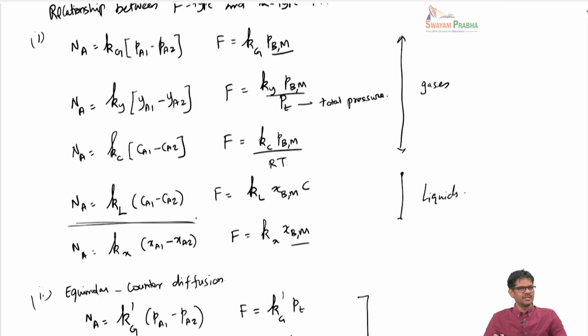That means the expression for KL I have written is based on a mass transfer theory in which the flux was calculated with molar concentration as the driving force. That's why we are using KL. Any correlations or mass transfer expressions have an associated driving force from which they are calculated, so it is important to match that.